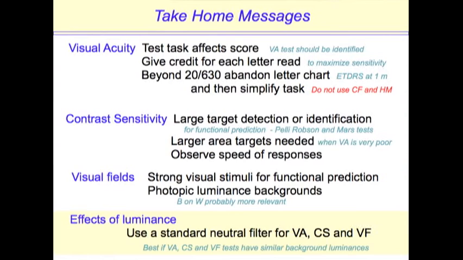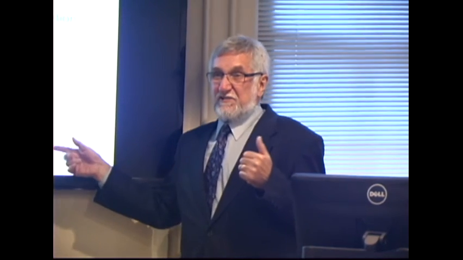And the last point I want to make is I think for functionality, we should be paying attention to what happens when we change the illumination or the retinal illumination. We think the easiest way to do this is to take a standard filter, and it doesn't have to be the filter that we choose to use, but we should have a standard way of doing it and just have it fit over glasses.